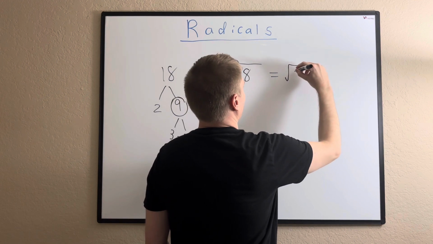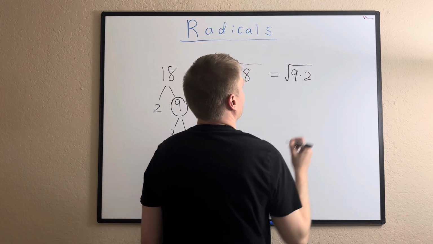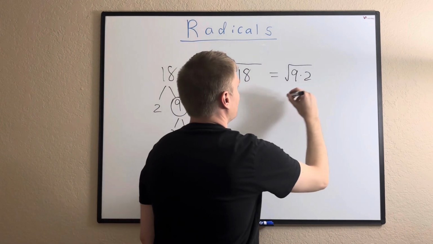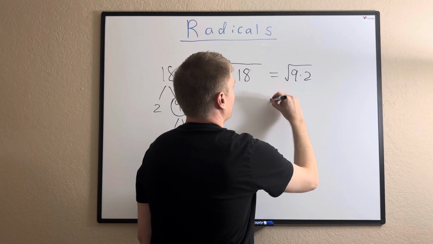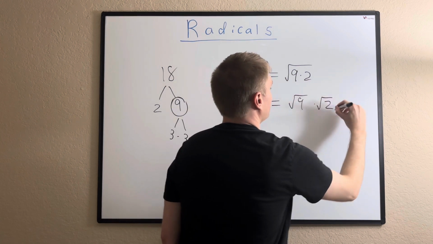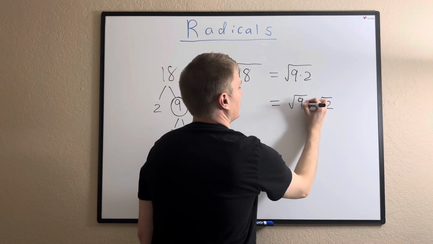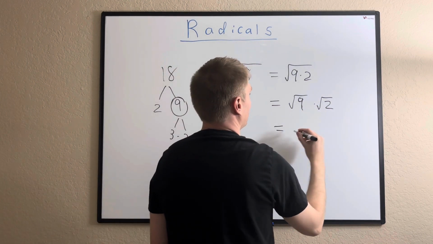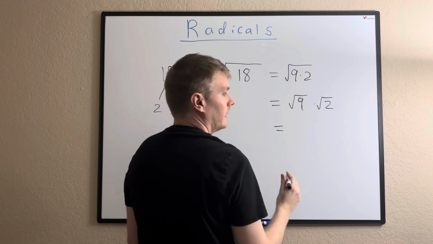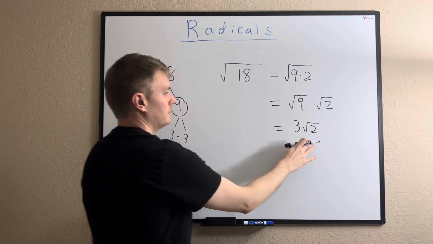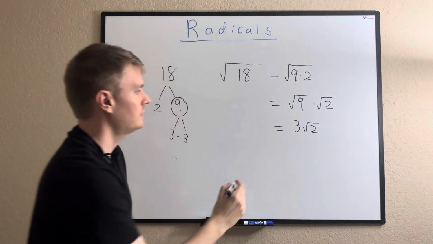So we could write that as radical 9 times 2, and we can take them individually. Radical 9 times radical 2. If writing it like that helps you, then go ahead and write it like that. Radical 9 is 3 times radical 2. And that's your answer.